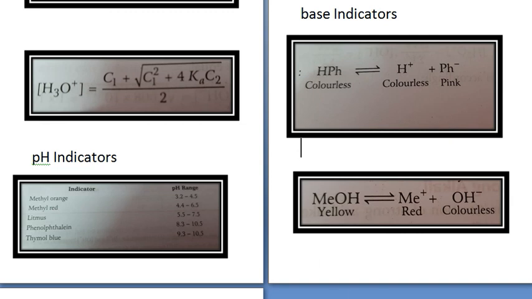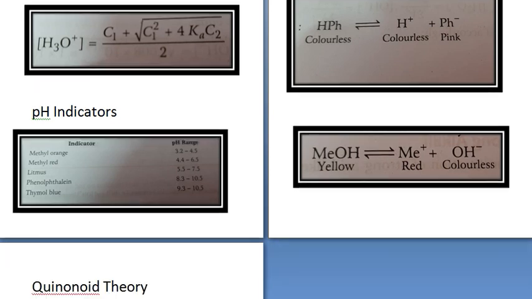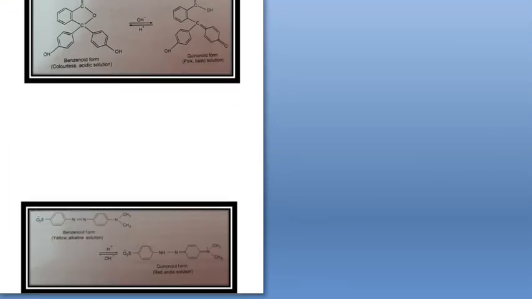Now in quinonoid theory of pH indicator, just a minute, yeah, it is here.